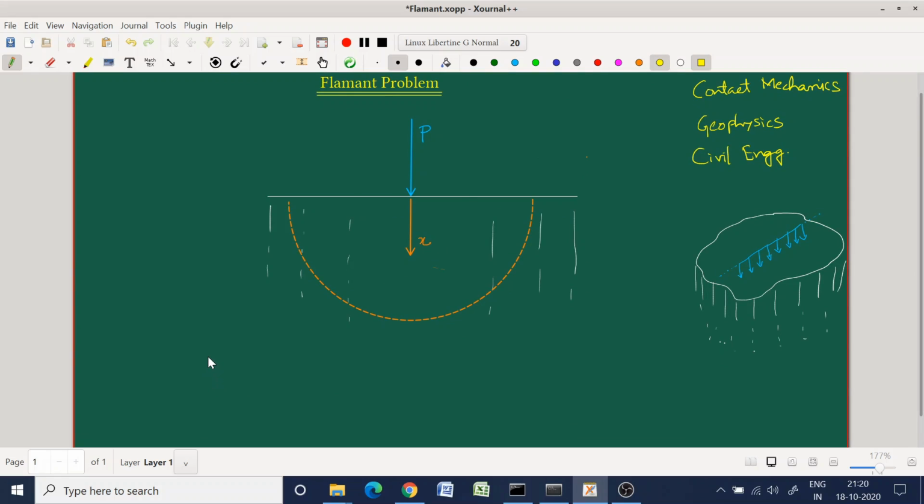As I just mentioned, we have to proceed in a slightly different fashion here. So what I'm going to do is consider a little elemental arc of r d theta. So let's say that this is theta.